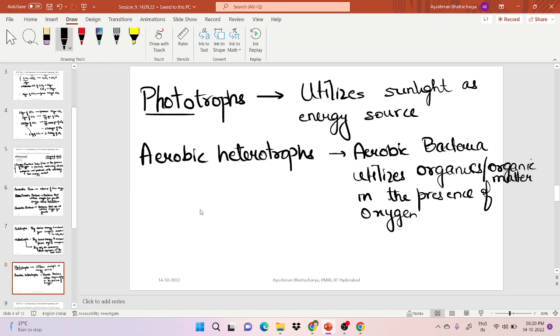Similarly, anaerobic heterotrophs also exist.